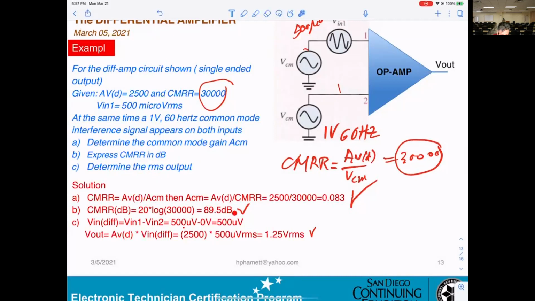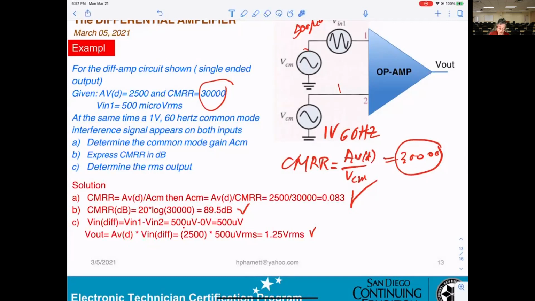You get 500 microvolt. So Vout equals AVD times Vin differential. Okay, this is the gain and this is the input. Okay, 2500 times 500 microvolt, you get 1.25 volt RMS.